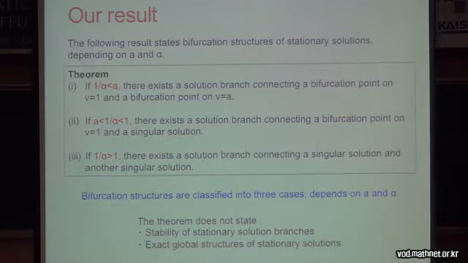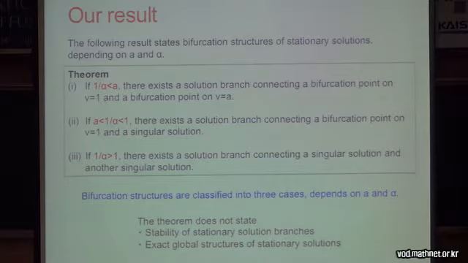In this case, the following bifurcation structure is obtained. There exists a solution branch connecting a singular solution and another singular solution. So this theoretical result states that bifurcation structures are classified into 3 cases depending on A and alpha.